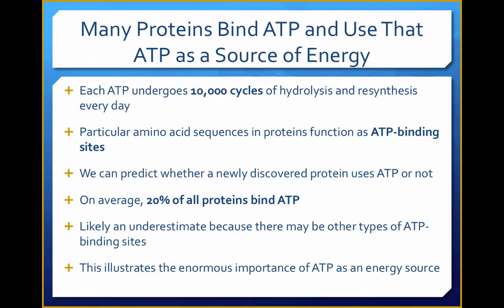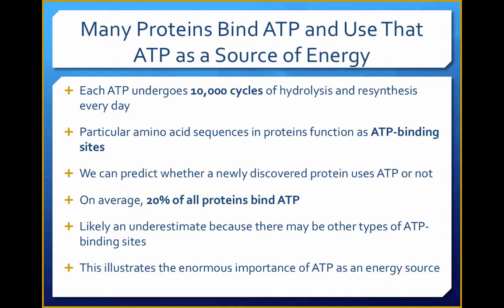And this is pretty cool because each ATP molecule in your body goes through about 10,000 cycles of this breaking down and resynthesizing, hydrolysis, resynthesizing it. Amino acid sequences in proteins a lot of times function as an ATP binding site to allow this to happen or to get energy from ATP.